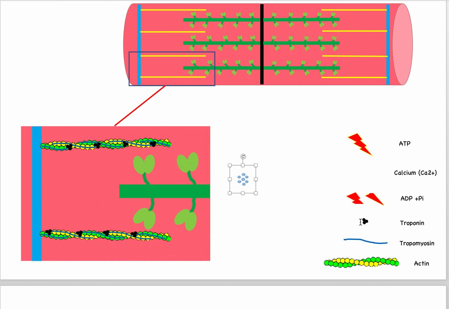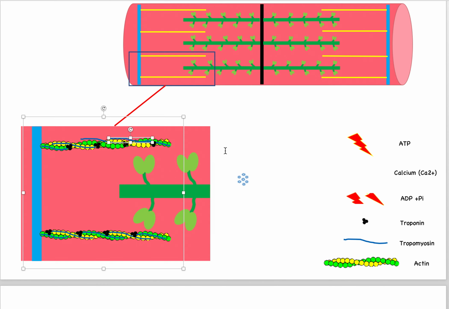When it binds to troponin, it activates troponin to move this blue line out of the way. This blue line is called tropomyosin. Once it activates this blue line to move, we can see that the yellow and green section is open now, which means actin is exposed.